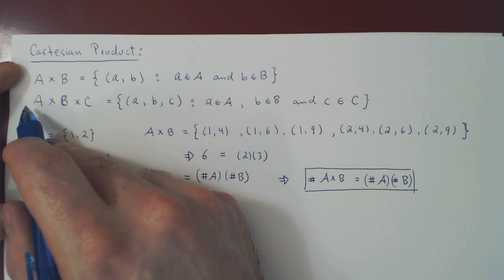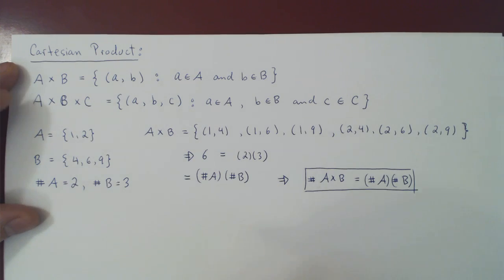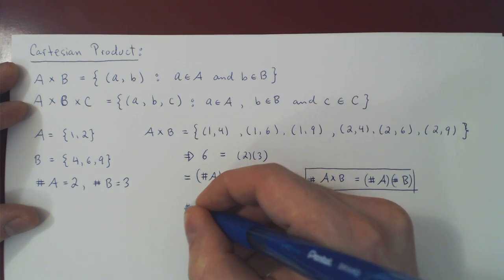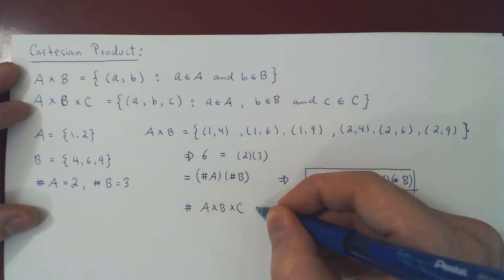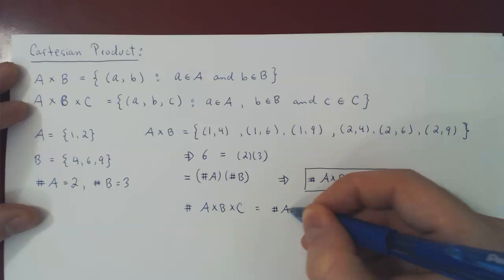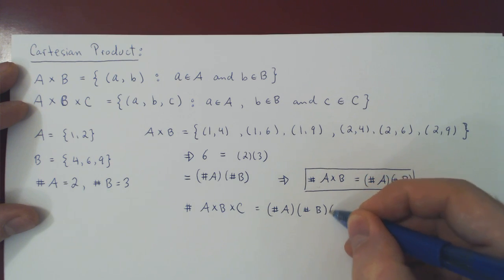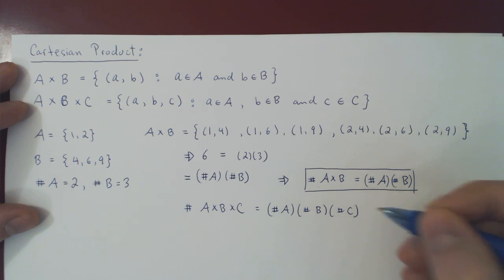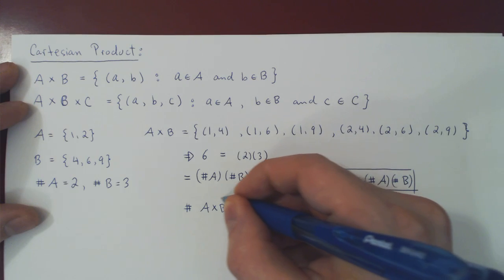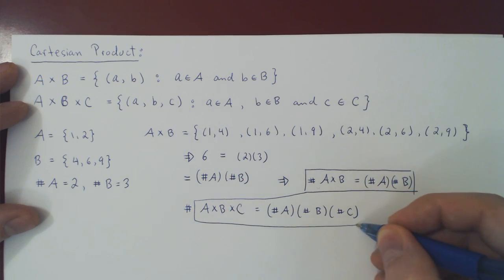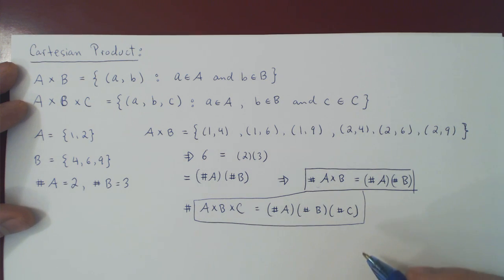It would be the number of elements in A times the number of elements in B times the number of elements in C. And this, of course, does generalize to any number of Cartesian products. You could have A times B times C times D, same thing, and so forth.